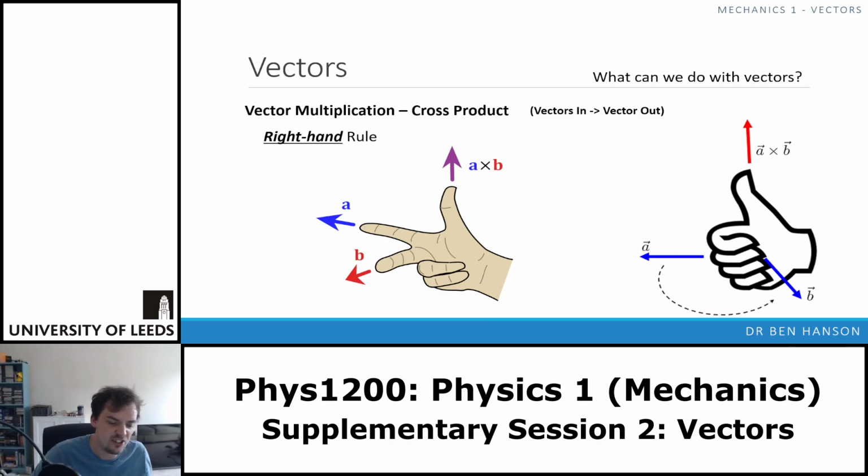It's exactly the same as this, it's just a bit easier. Fingers in the direction of A, curl them round in the direction of B, and your thumb will again point in the direction of A cross B. So those are two ways of working out graphically using your own hand which way your new vector will point. The cross product's a constructed thing, and this is just a way of understanding what it's doing.